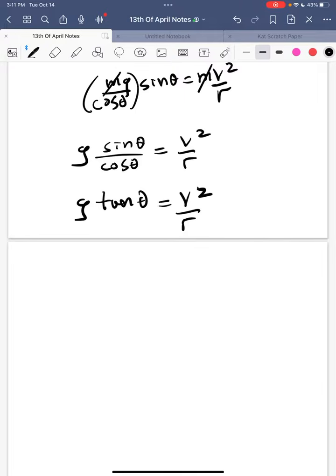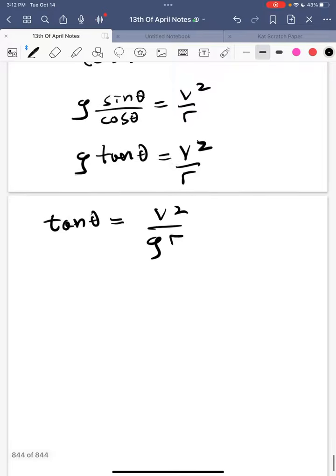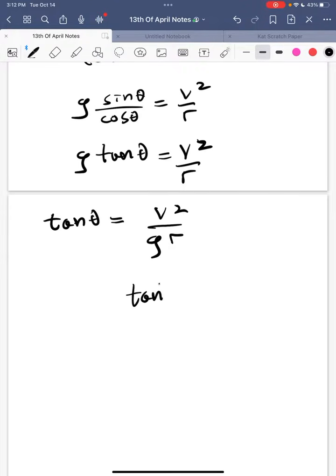If I divide both sides by g, I get this, tangent theta equals v squared over g times r. And if I want to know the angle, then I'm going to basically do the arctangent of this. I would then say arctangent, so that's the inverse tangent key on your calculator, v squared over g times r. That is going to equal my angle.